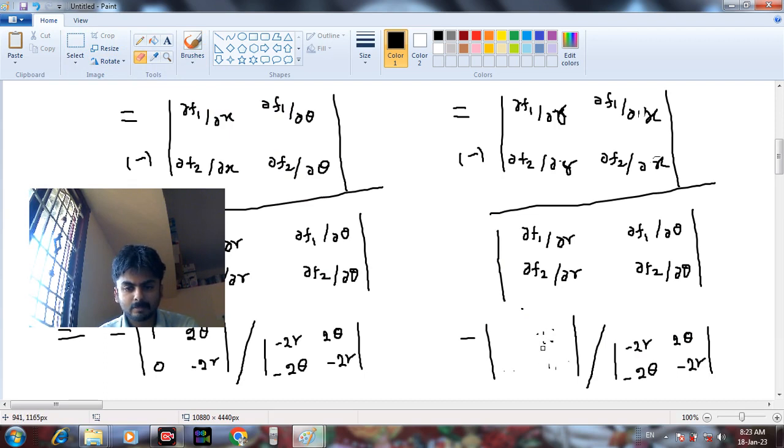And we will have dou f1 by dou r. What does dou f1 by dou r mean? Differentiating f1 with respect to r, we will get minus 2r.